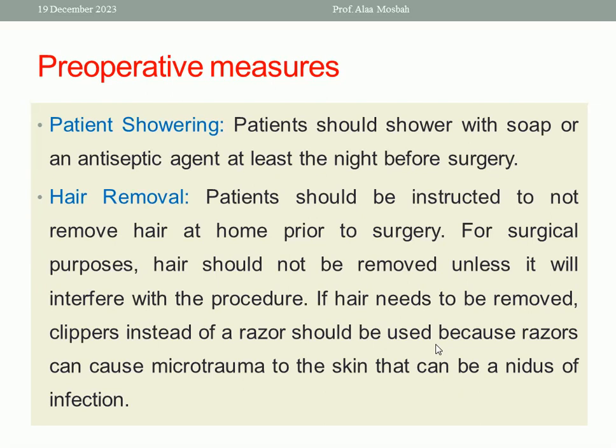If hair needs to be removed because it interferes with the site of operation, then clippers instead of a razor should be used. Why is clipper preferred over razor? Because a razor can cause microtrauma to the skin that can be a nidus of infection.